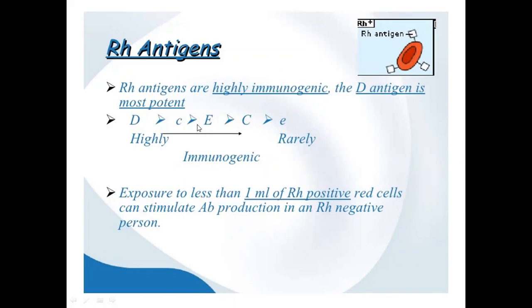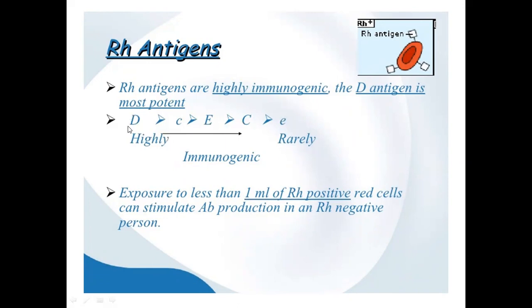In the previous slide, it was stated that there are 45 antigens. Of these 45, these are the 5 highly immunogenic antigens of Rh: uppercase D, lowercase c, uppercase E, uppercase C, and lowercase e. This is arranged from most immunogenic to least.